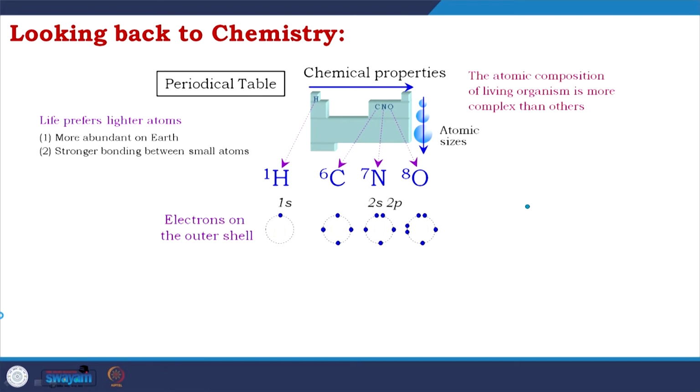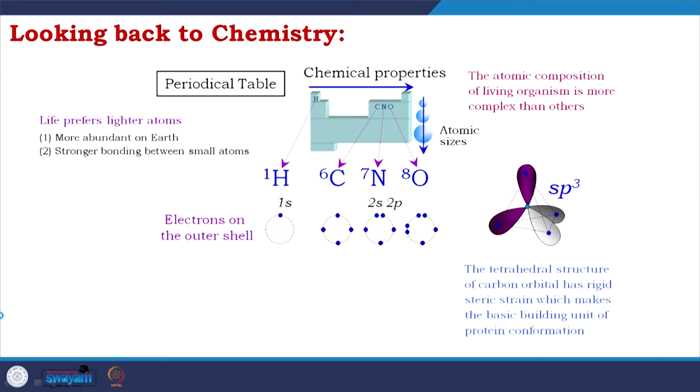We have looked at their electronic outer cells and we also have seen how they develop sp3 hybridization to develop a tetrahedral structure. Carbon has the tetrahedral structure, with carbon orbitals and rigid steric strain, which makes the basic building unit of the protein conformation.